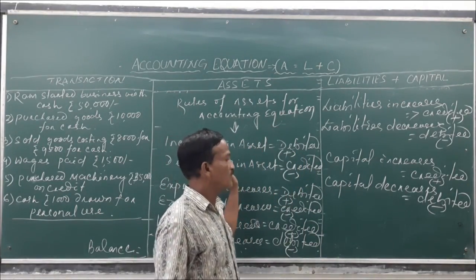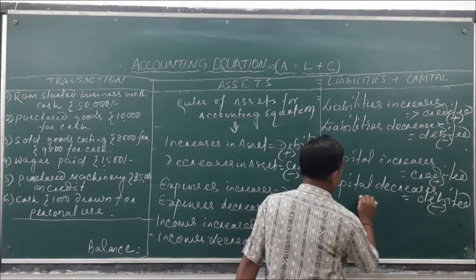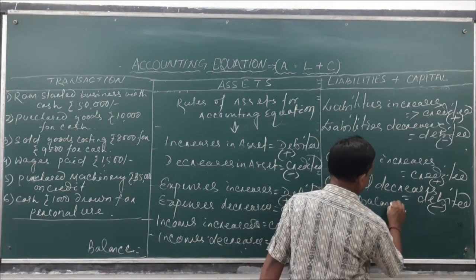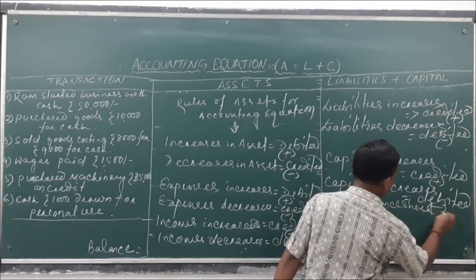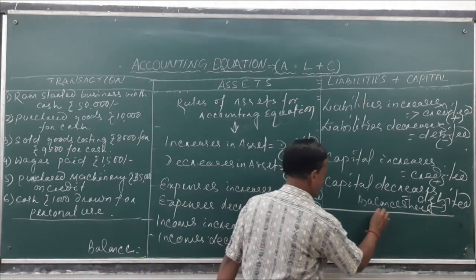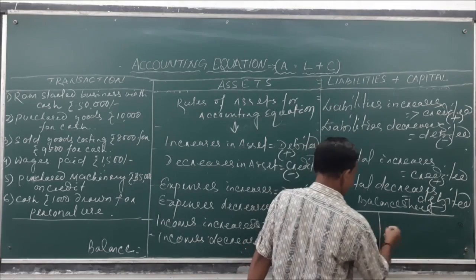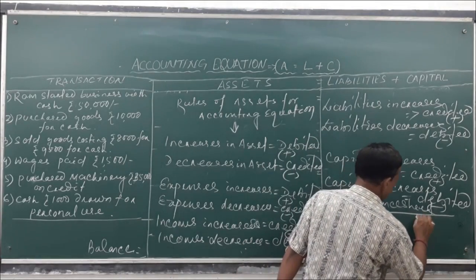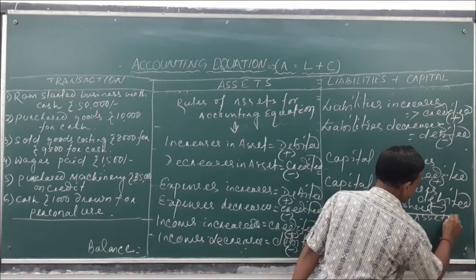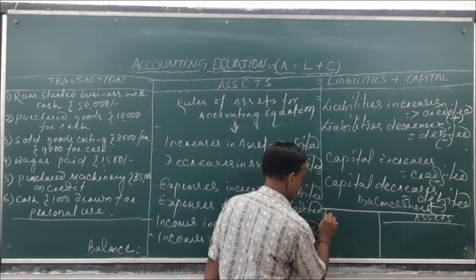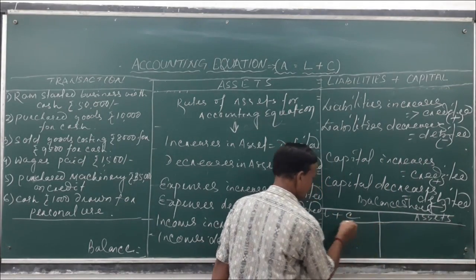Now this accounting equation will be shown in the balance sheet like this. This is assets, this is liabilities plus capital.